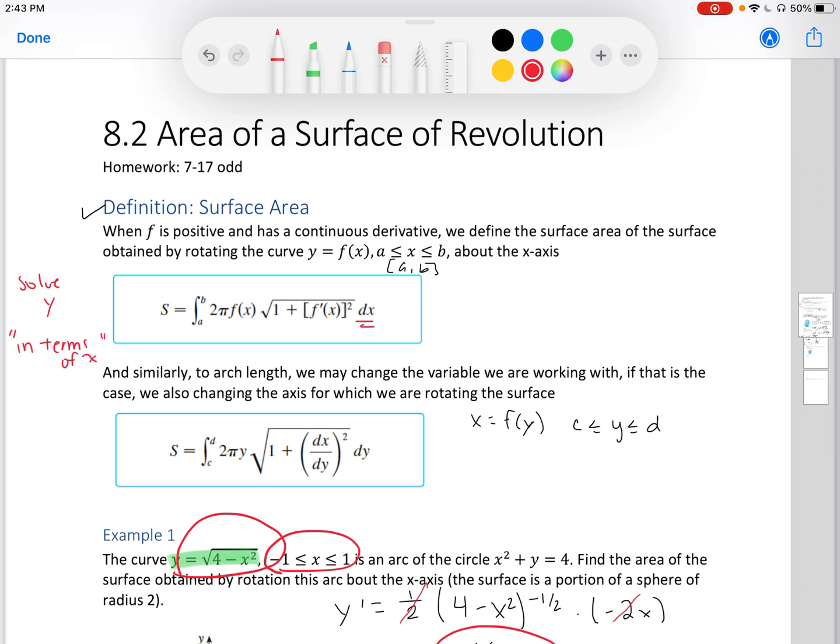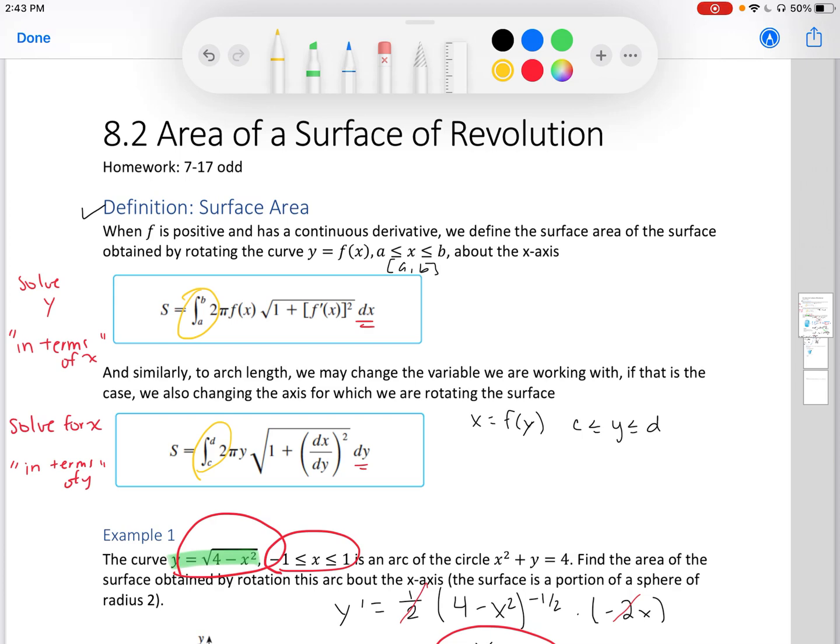Or we can solve for x so that it is in terms of y, and we can integrate with respect to y. Now, the thing we have to keep in mind as we change the rotation is our values for which we integrate under.